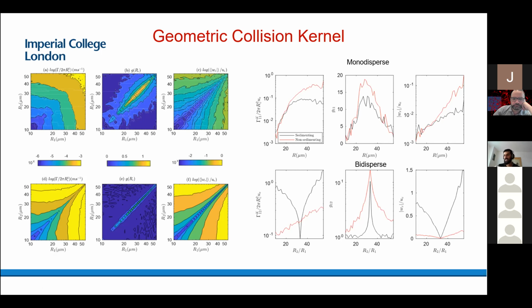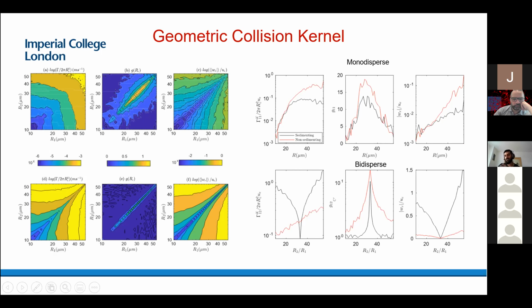The effect of gravity takes over, and they tend to move along at similar speeds. This means there's a lower relative velocity, which means a lower chance of them colliding. However, for particles of unequal sizes, the effect of gravity is to increase the collision kernel.